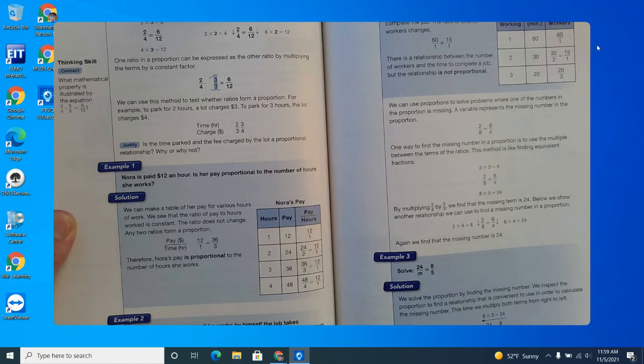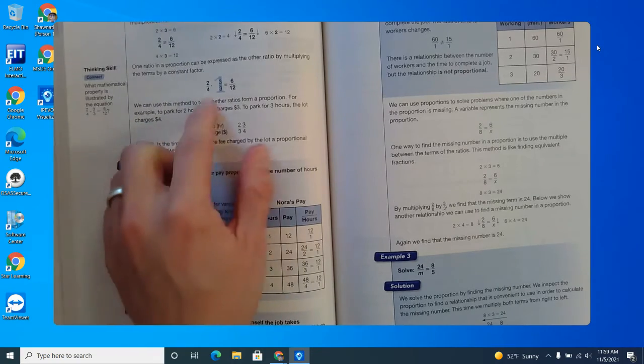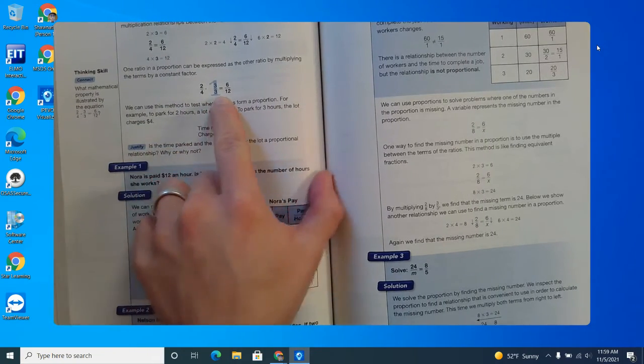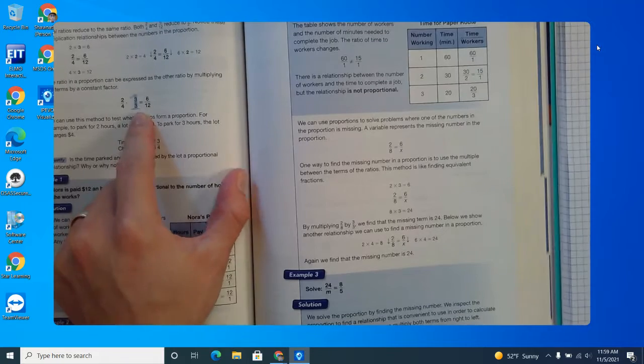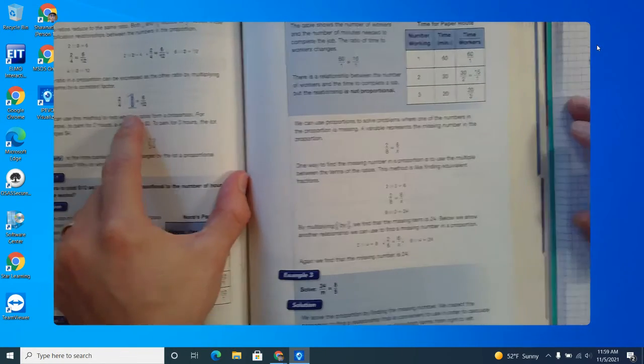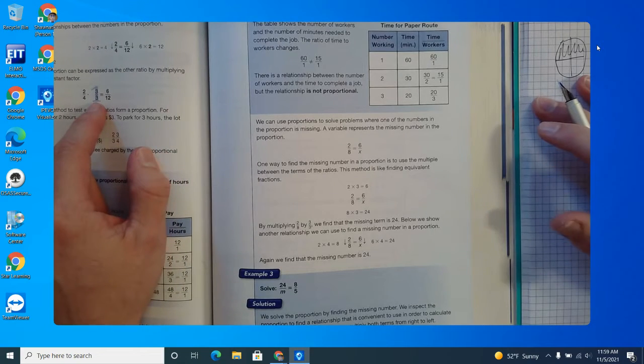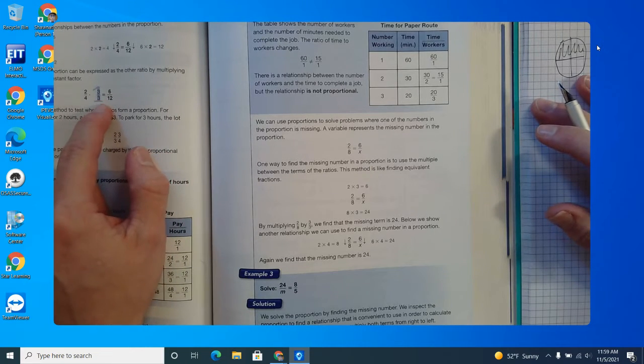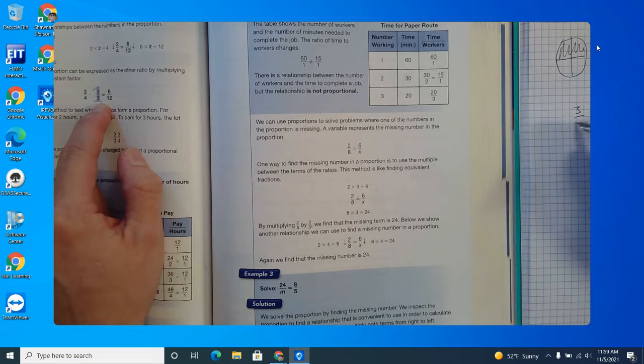When you multiply both sides by 3, you're multiplying by 1. The identity property of multiplication says you can at any time multiply something by 1 and it's still the same number. 3/3, that's 1.